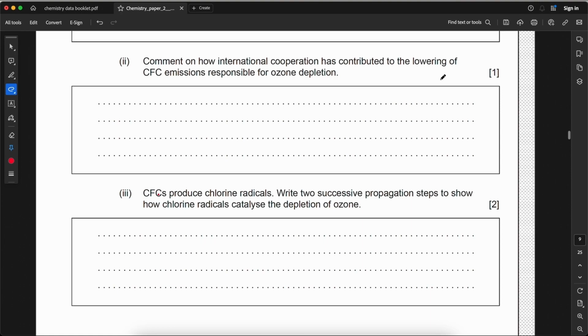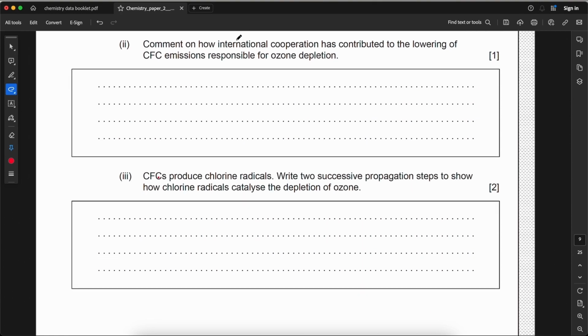Comment on how international cooperation has contributed to the lowering of CFC emissions responsible for ozone depletion.